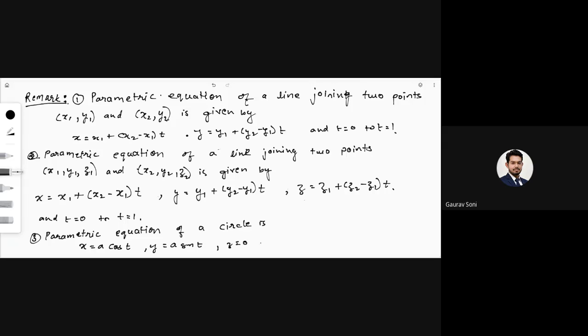And there are sub cases. If a complete circle is there, then t will be running from 0 to t is equal to 2 pi. If a semicircle is there, then t is running from 0 to t is equal to pi.